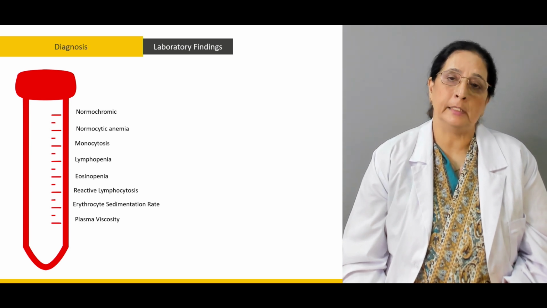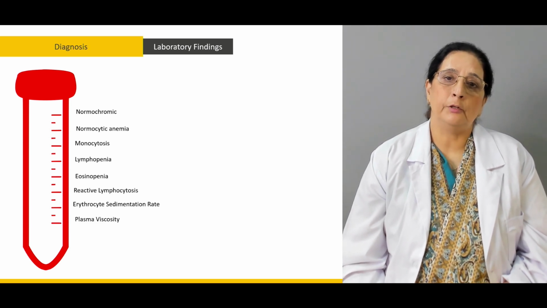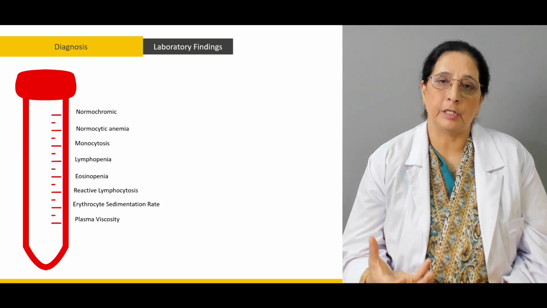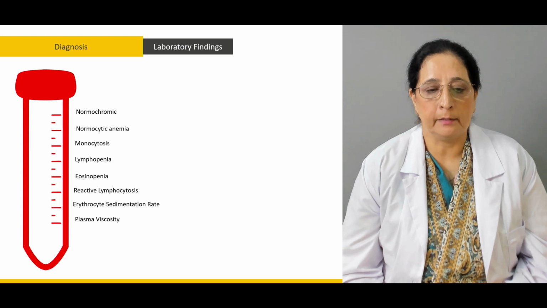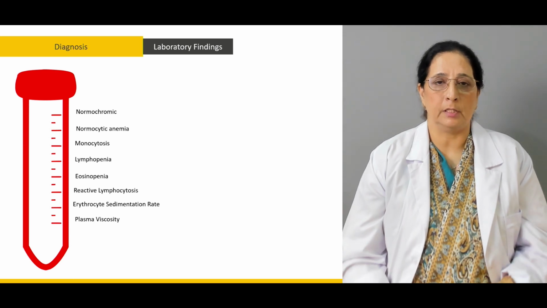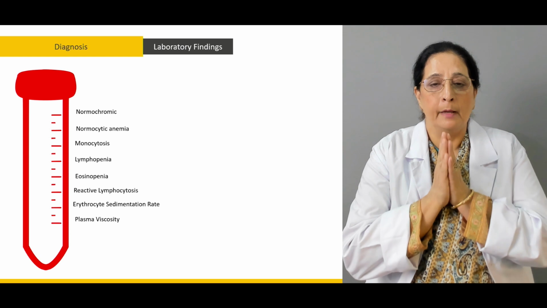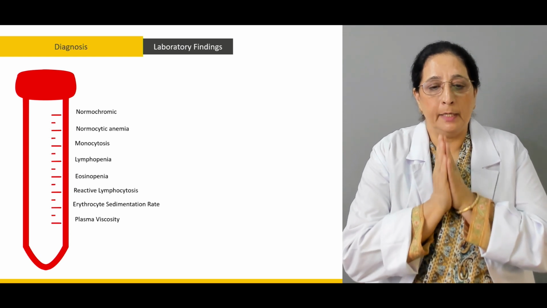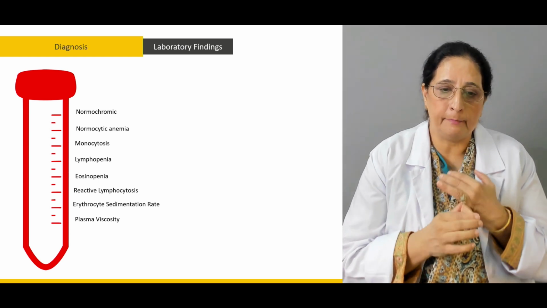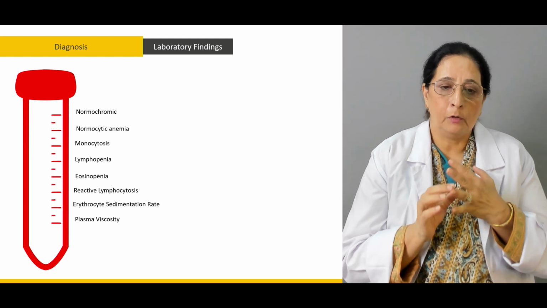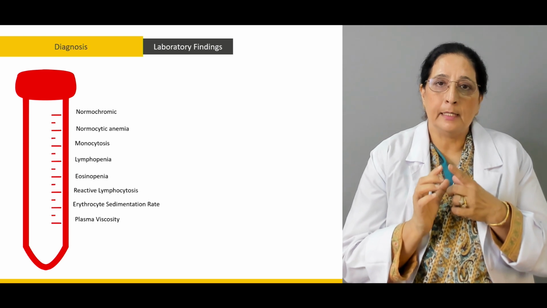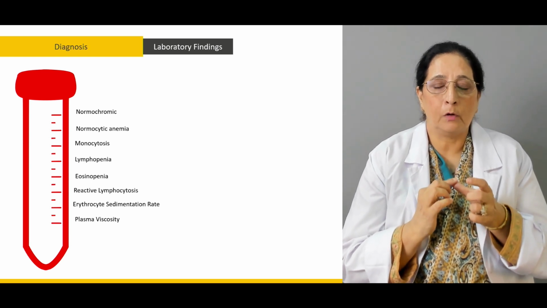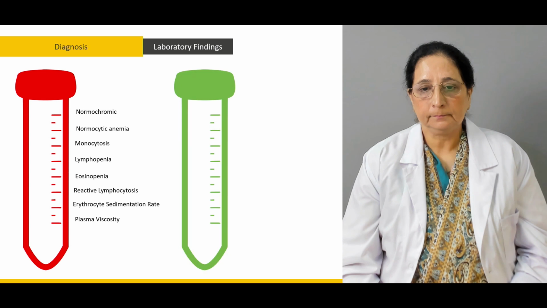Plasma viscosity is increased because of the destruction of the red blood cells. So all these are different lab findings which help in the diagnosis. We have lymphopenia, monocytosis, eosinopenia, ESR, normochromic, normocytic anemia.